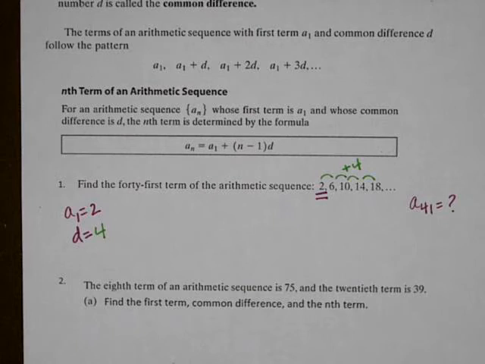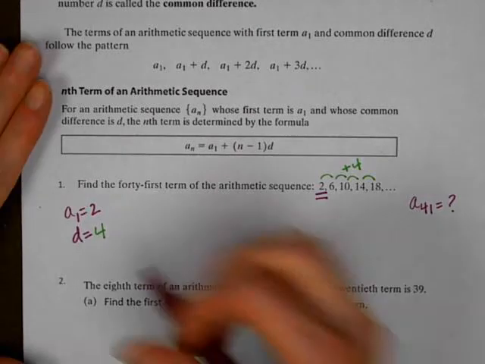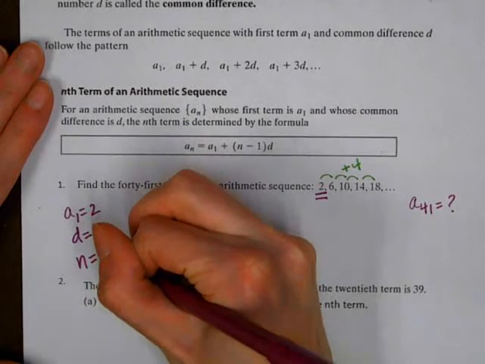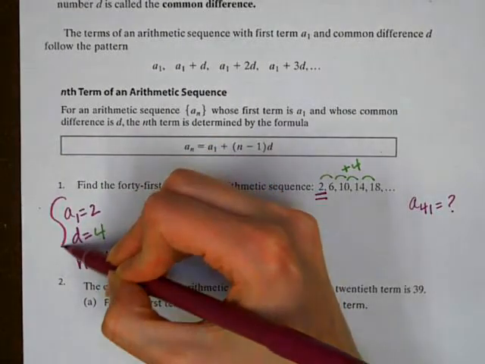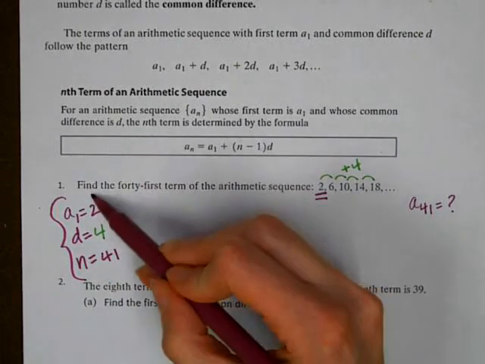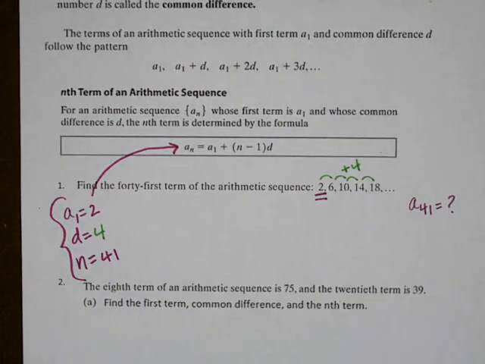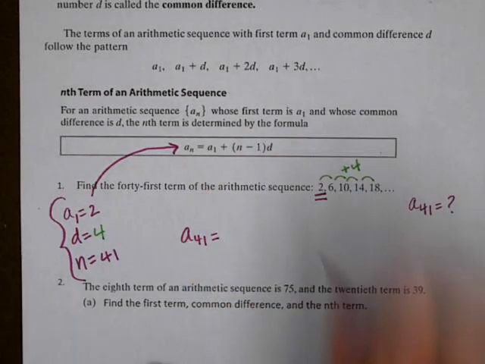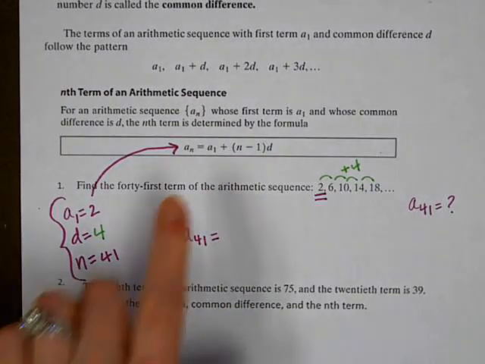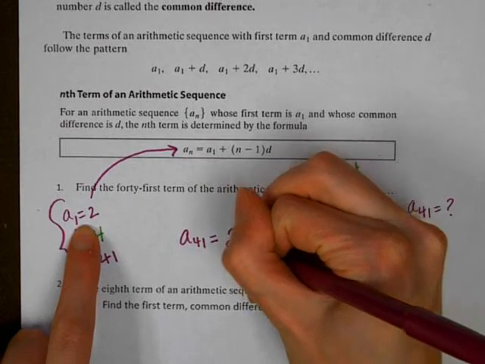And then we want the 41st term, which means that n is going to be 41. And then just try to get as much information as you can, and then we're just going to plug everything in to this formula to try to find A sub 41. All right, so A sub 1 is going to be 2.